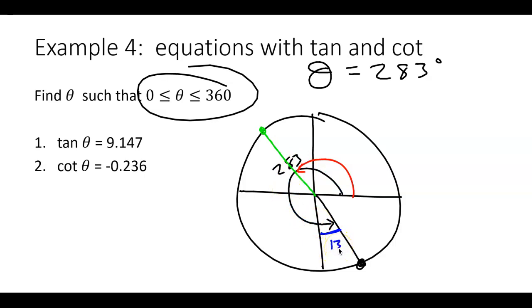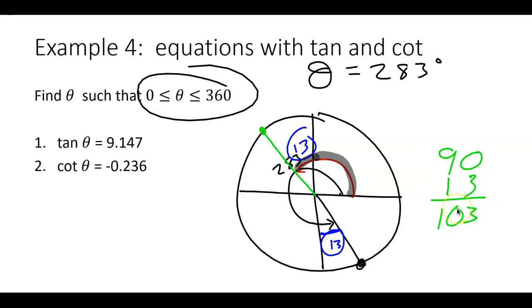So this must be 13 degrees here, which means that this is 13 degrees up here because of the symmetry. They're diagonal from each other. And so this angle here, this red one anyway, will be 90 plus 13. That's one way to do it. Once again, it's not the only way to do it. There's a lot of ways you guys can arrive at the answer, but I end up getting 103 degrees.